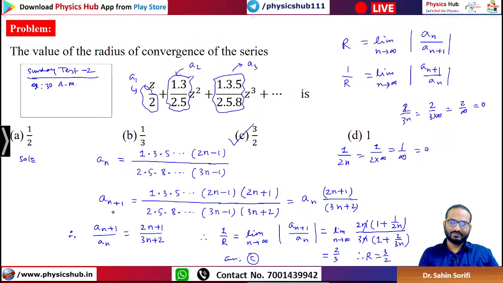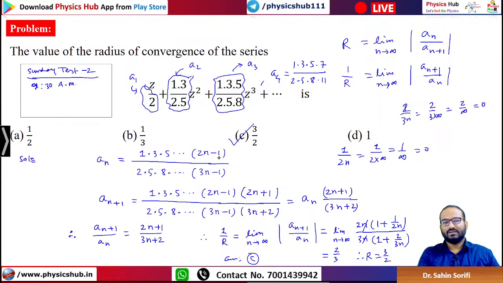An plus 1. So an, you understood, na? So an plus 1 is the next term. Like if I consider this a3, what will be your a4? a4 is 1 times 3 times 5. So it is increasing by 2 units, 1, 3, 5. Similarly 2, 5, 8, 11.